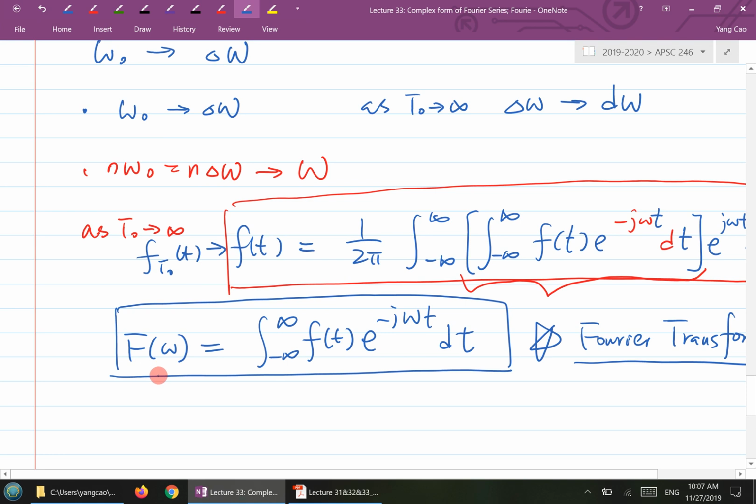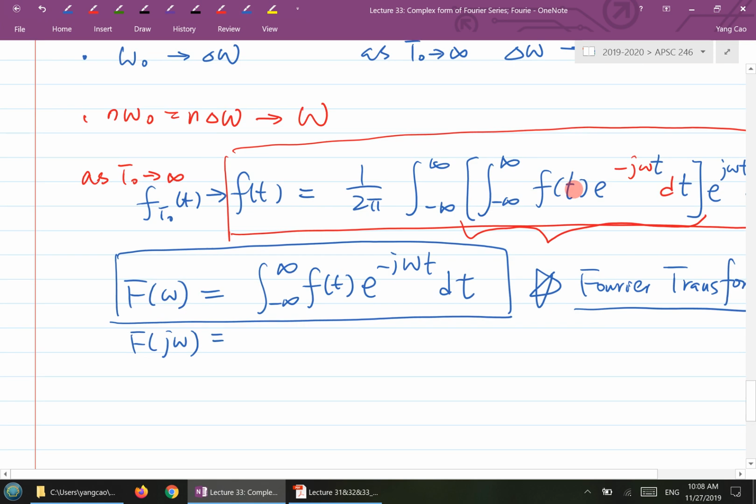So you transform a time function into a frequency function of omega. Sometimes this is also written as F of j omega. Remember what the Laplace transform is? Laplace transform is what?